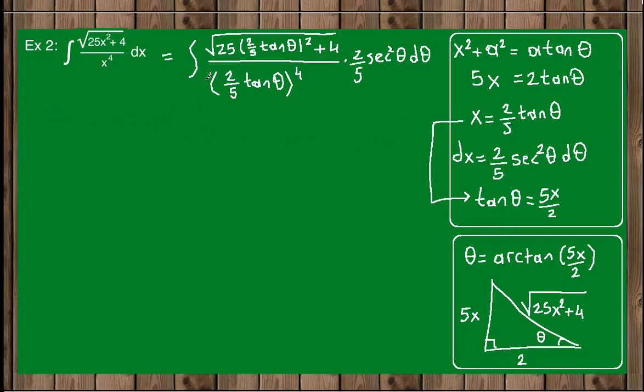Now let's do necessary simplifications. So on top, we have 25 times 2/5 squared, which is 4/25, and tangent squared theta.